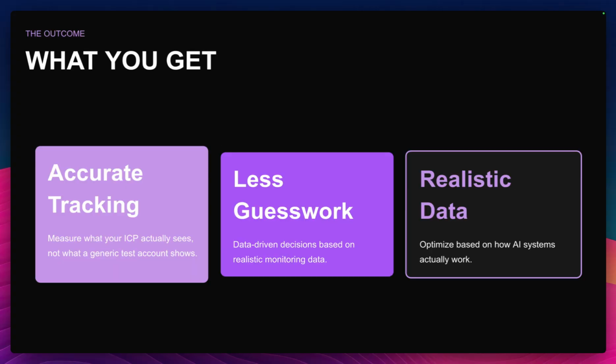The outcome of that is, when you have that monitoring set up, you will get accurate tracking, or the most reliable tracking that you can have, because you obviously can't have 100% accurate tracking.